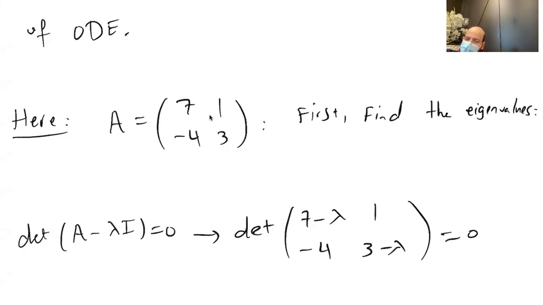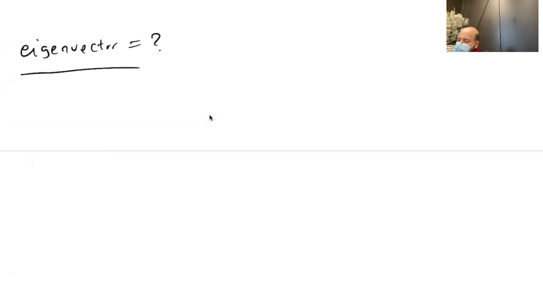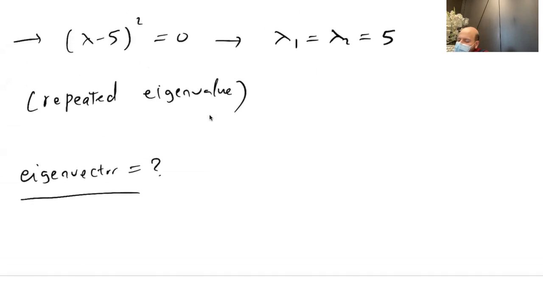We will have only one linearly independent eigenvector. So if you remember, we previously considered two cases. One case, two linearly independent eigenvectors, which happens only if your matrix is diagonal, and the other case was having one linearly independent eigenvector. So here we have only one linearly independent eigenvector.